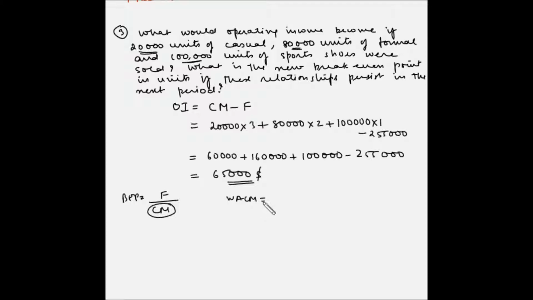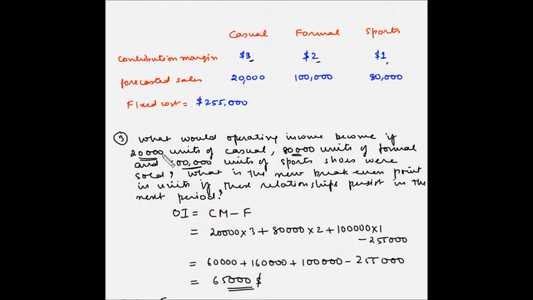So this will be the total contribution margin divided by the total number of units. So the total contribution margin will be equal to the total contribution margin of casual plus the total contribution margin of formal plus the total contribution margin of sports shoes.